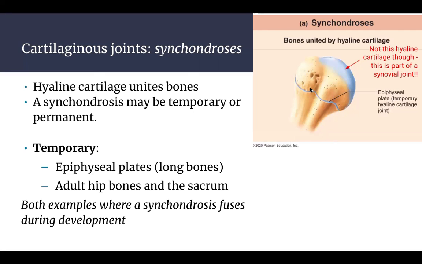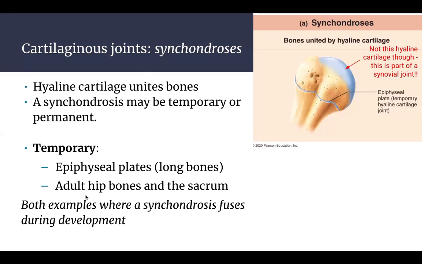Once the growth period is over, this will eventually fuse, and the cartilage will disappear from that part of the bone, and instead it will leave the epiphyseal line behind in the bone tissue here at the head of the long bone. This is also the kind of joint that fuses together the adult hip bones and also the vertebrae that made up the sacrum earlier in development.